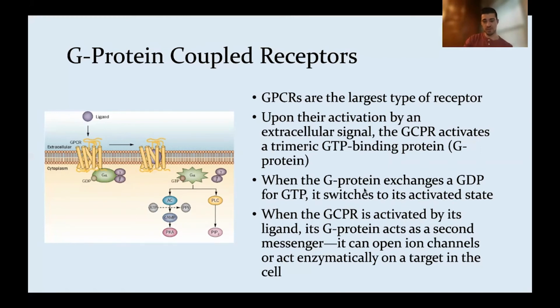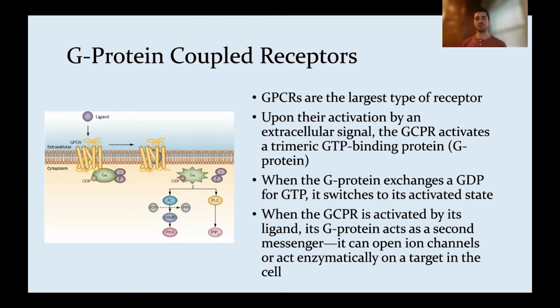So, like we said, when the G protein exchanges a GDP for GTP, it switches to its activated state. When the GPCR is activated by its ligand, its G protein acts as a second messenger. It can open ion channels or act enzymatically on a target in the cell.